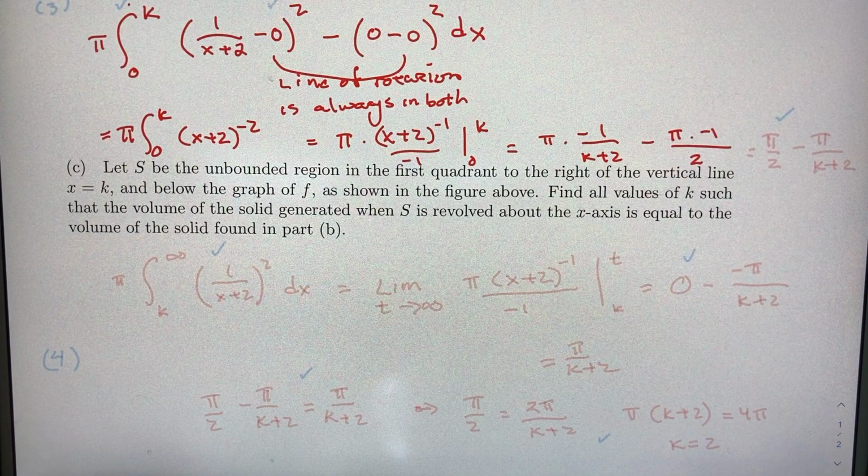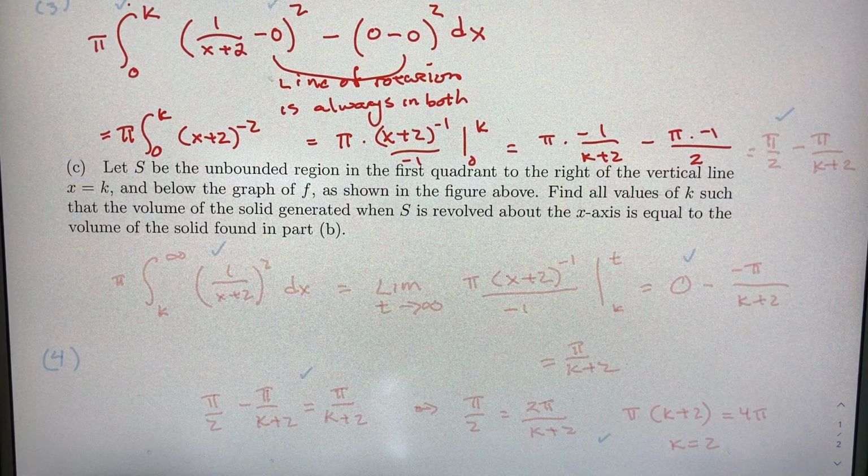Notice that you need to turn 1 over (x plus 2) squared into a negative exponent to take the antiderivative, but then you want to turn it back into a normal fraction, with the negative 1 in the denominator, in order to actually calculate it.